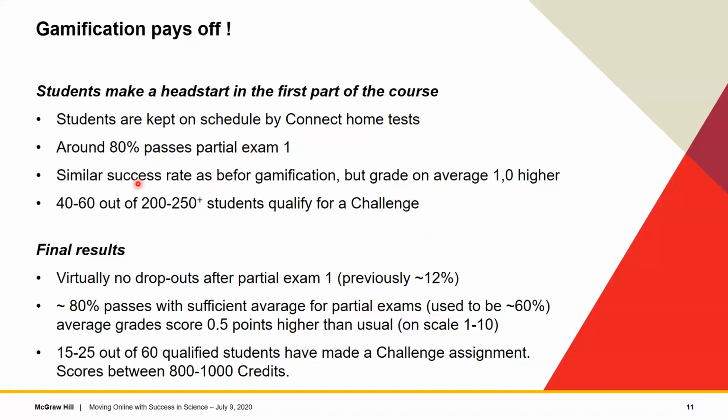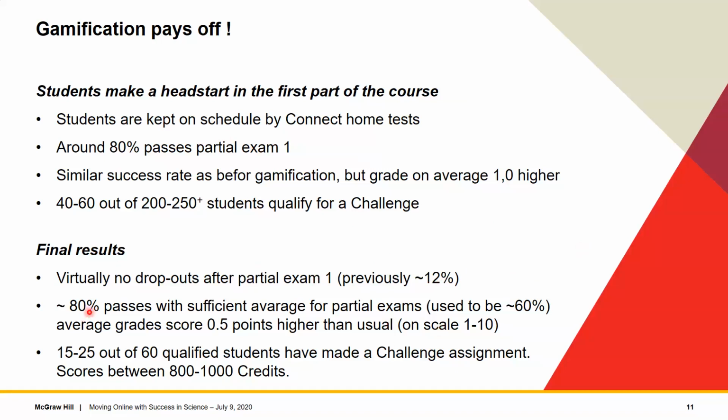Also a lot of them are really aiming for qualification for a challenge. So the final results are really satisfying. We virtually don't have any dropouts anymore. This used to be between 10 and 50% of students who just gave up halfway through the course because they wanted to focus on methodology, or they didn't pass exam 1 and gave up hope.